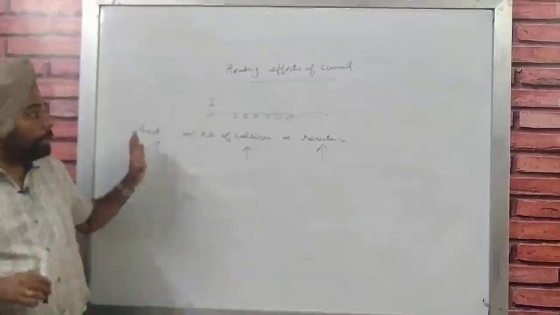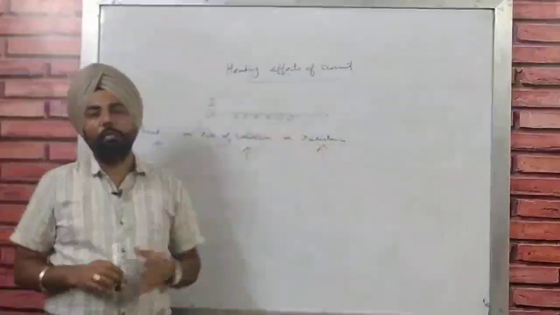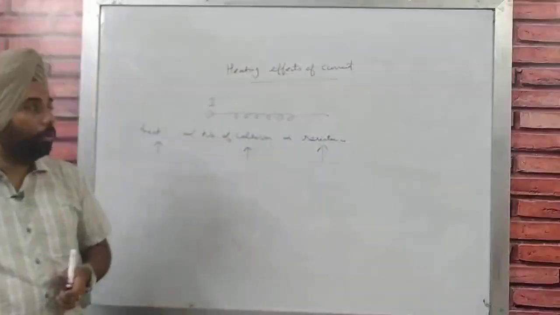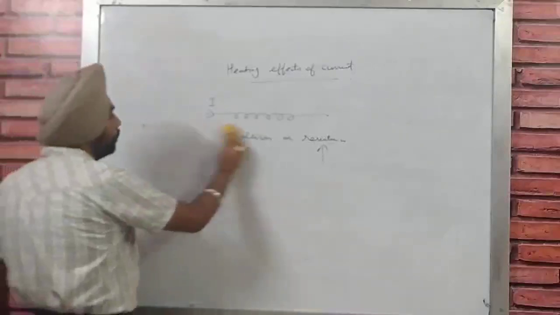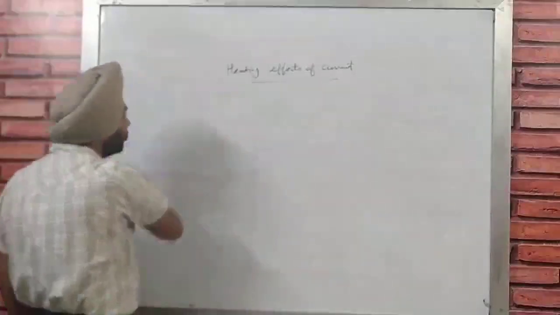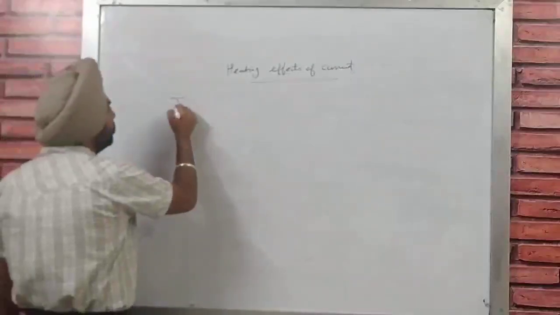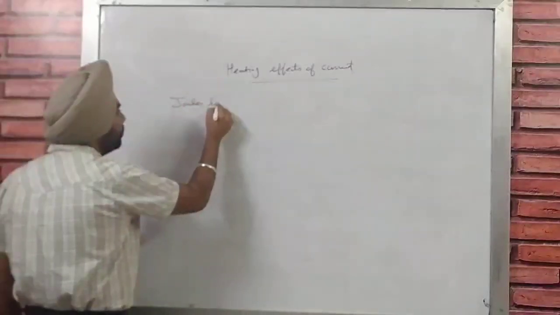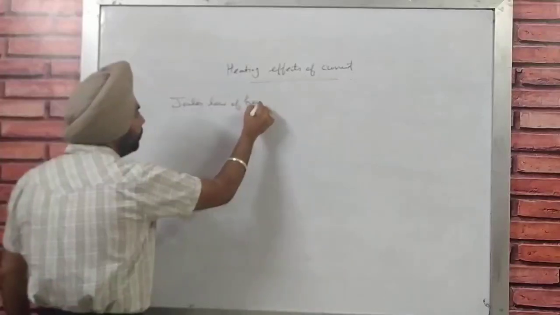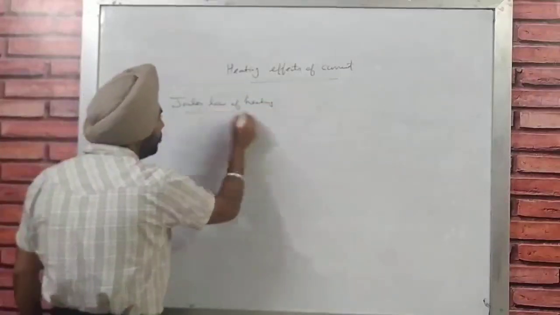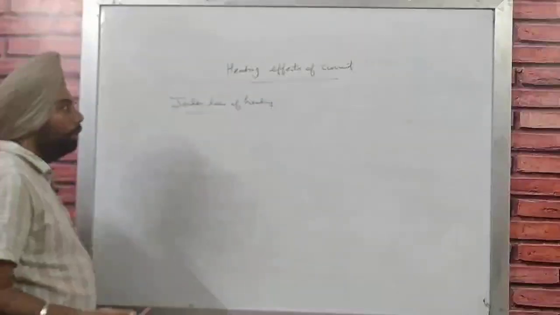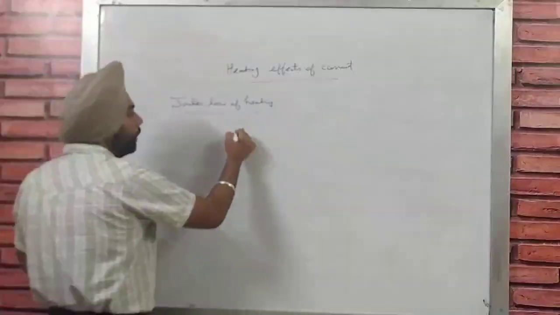Now, by the same concept, we have a formula which is known as Joule's law of heating. What is Joule's law of heating? Again, we are going to use the same technique here. What is power?